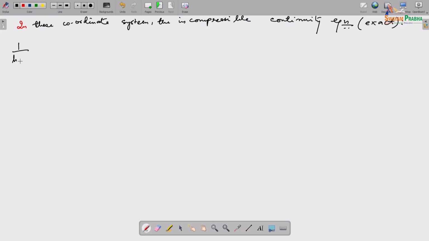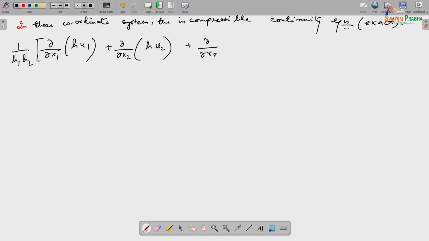So, 1 by H1 H2, plus del x2, plus del. So, this is the continuity equation.